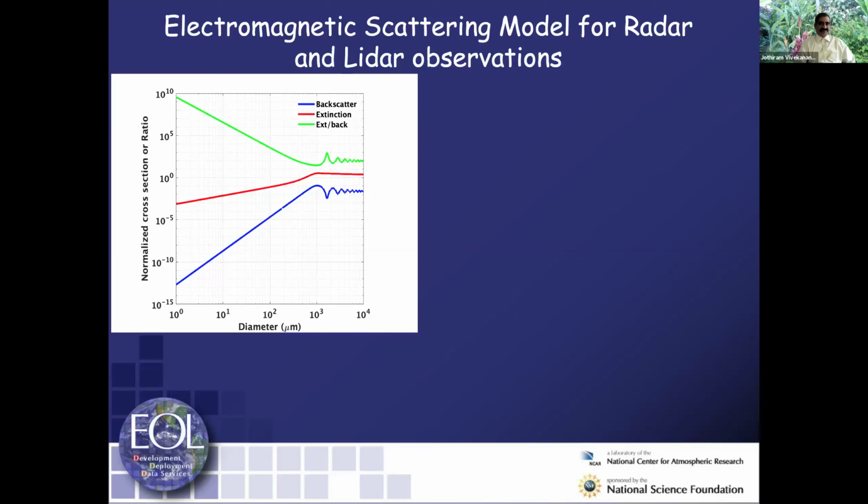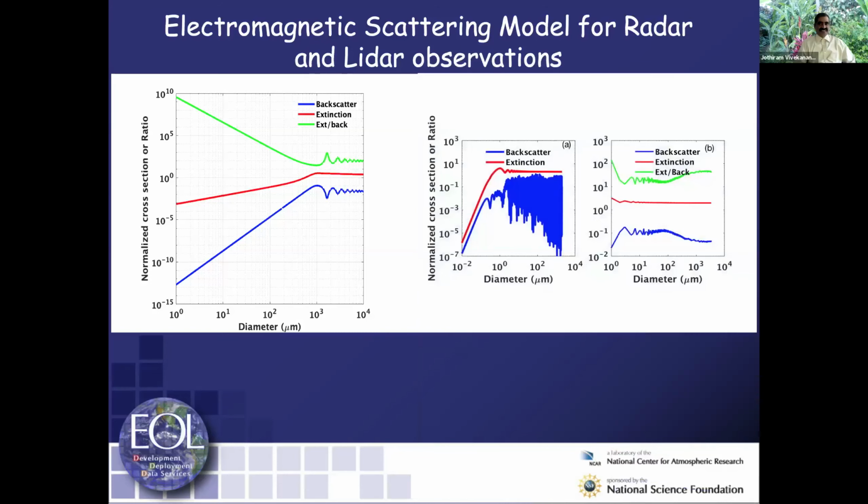Similarly, I have to do that for lidar measurements. This is for green light. What I show here is the blue curve, the lidar backscatter, from a hundredth of a micron going up to 600, 800 microns in this case, as a function of size on the x-axis.